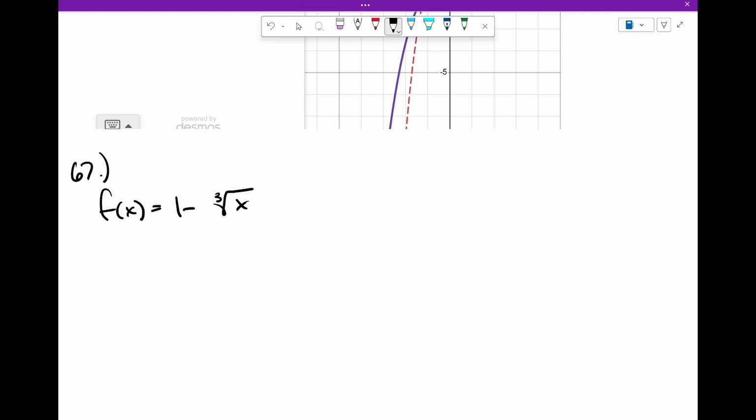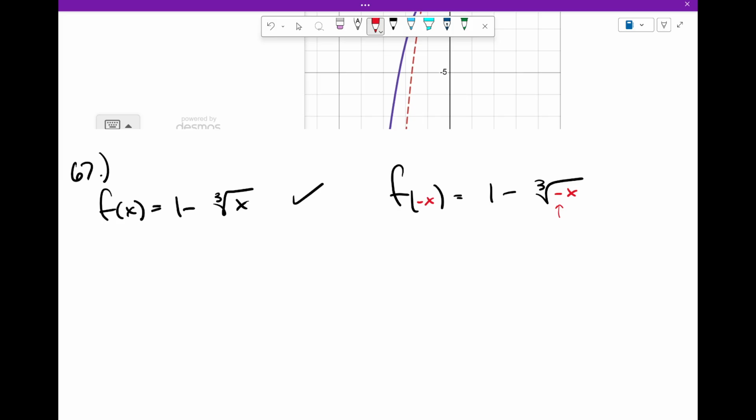All right, we already have f of x. That's done. What we need to figure out is f of negative x. That's what we're looking at here. So substitute negative x into the function. All right, and we know that the domain for cubic roots is negative infinity to positive infinity.